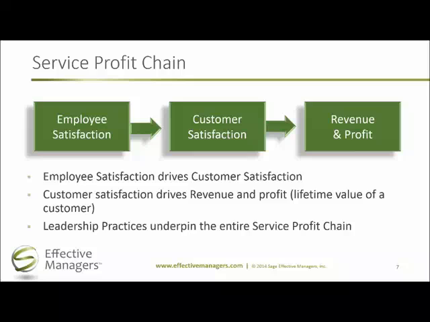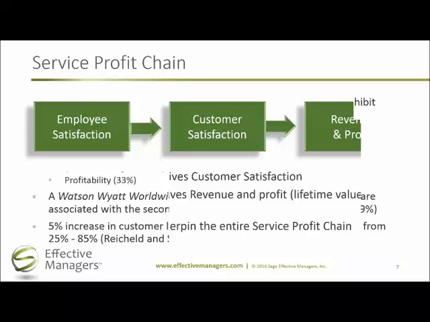What's often not mentioned, and which you saw in the more detailed model in the previous slide, is that organizational leadership drives the employee satisfaction. So there are many factors that drive the first step of this service profit chain, and the manager is critical to that because it's the manager that has the biggest impact on the employees of the organization.